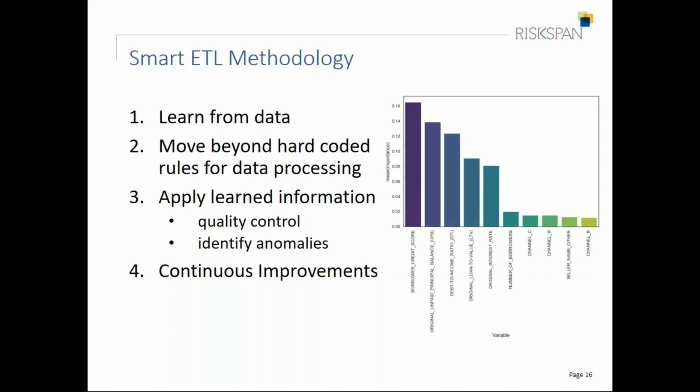And lastly, this idea of continuous improvements. Machine learning algorithms get better with the more data they have access to and the more data they've seen. So we can continuously improve each month as data is dumped on us, and we can just make things more robust through time as we learn more from it.